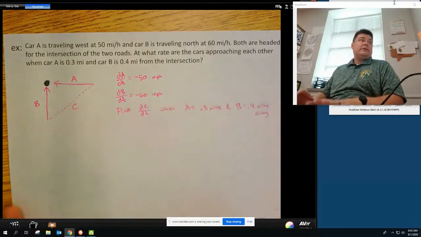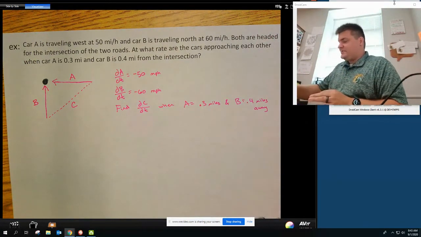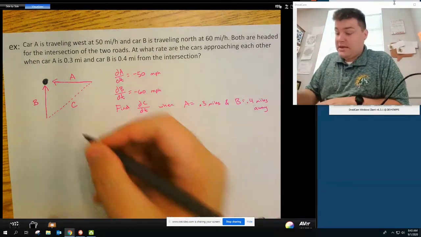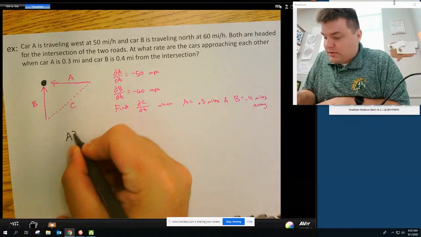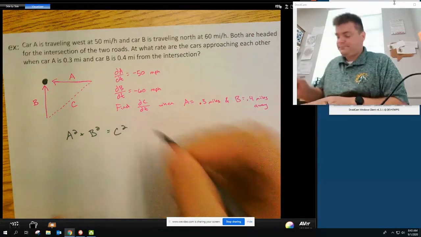Okay, with all these right triangle problems, there's one formula that we all know, and that's Pythagoras' theorem, which is a squared plus b squared equals c squared.